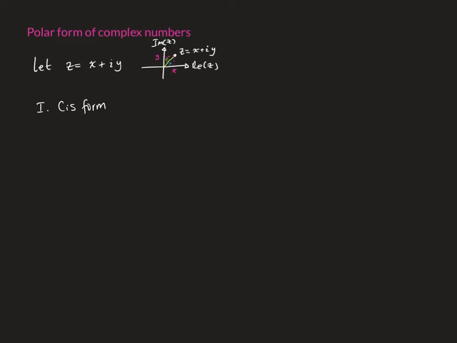Now, cis form is a definition, so let's work it out. Our number was originally written as x plus iy, and previously we discovered that I can write x as r cosine of the argument, and y as r sine of the argument, so that when I substitute into my complex number, I get r cosine of theta plus i r sine of theta.